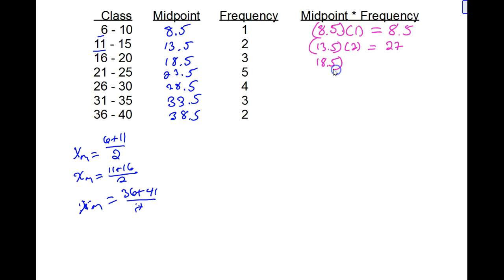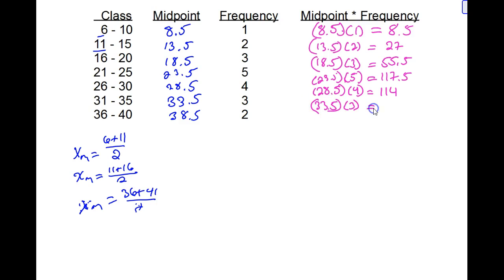As I continue down, I'm going to get 55.5, 23.5 times 5 is going to give me 117.5, 28.5 times 4 will give me 114, 33.5 times 3 will give me 100.5, and 38.5 times 2 will give me 77.